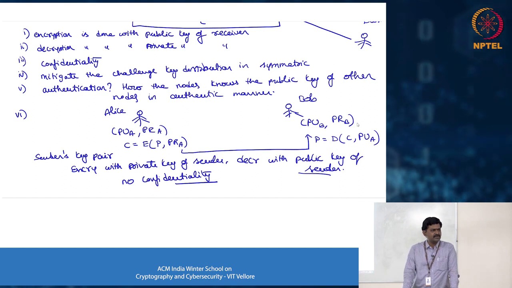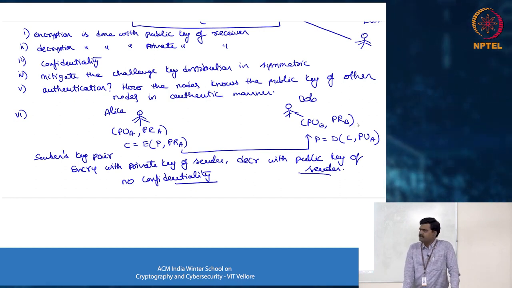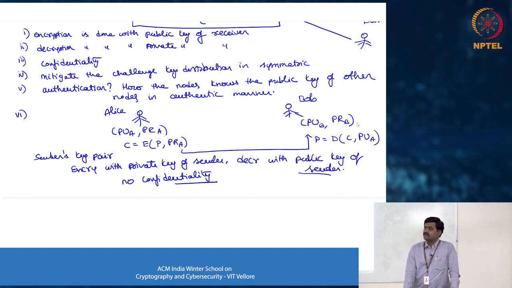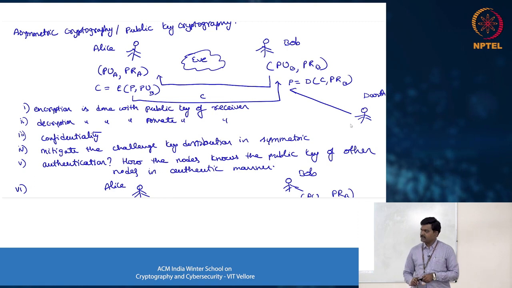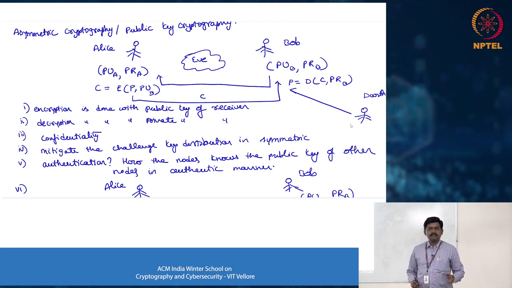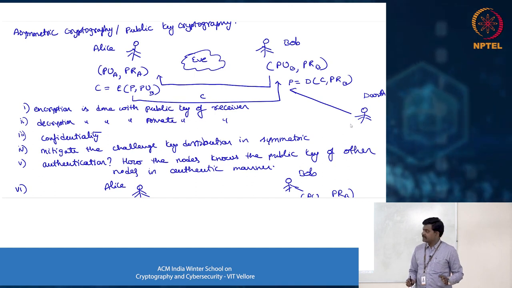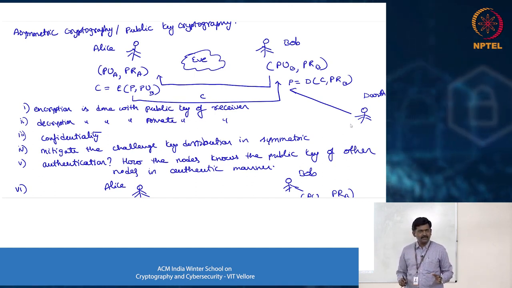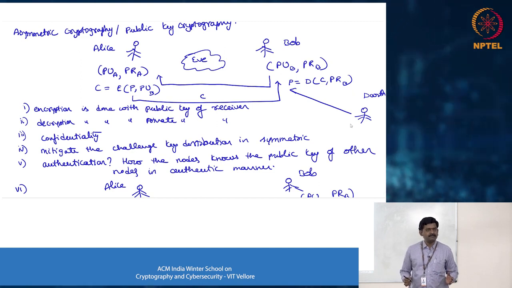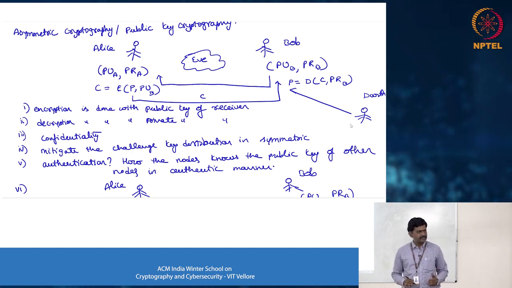Why are we going for this even though there is no confidentiality? The reason is, look at the first scenario. Bob is getting the message from Alice, encrypted with Bob's public key, and decryption is possible with the private key of Bob.